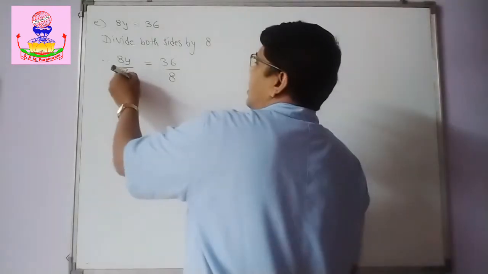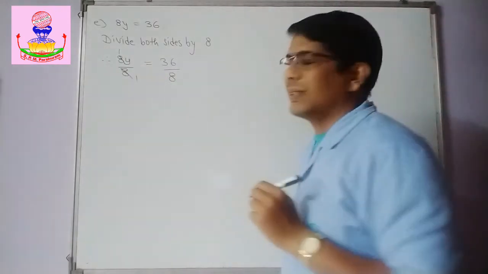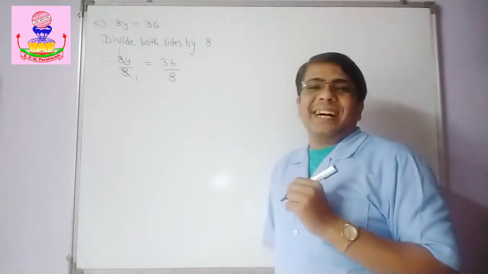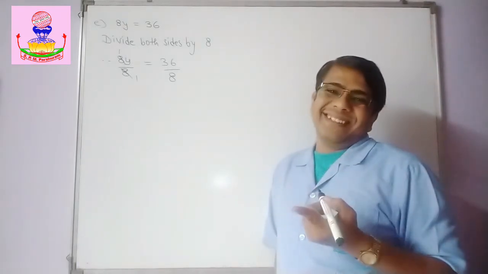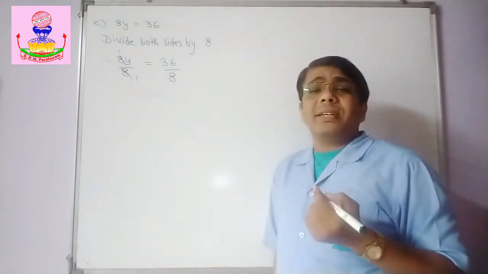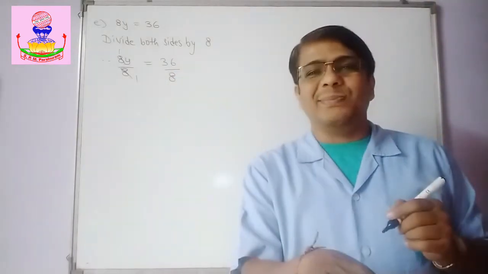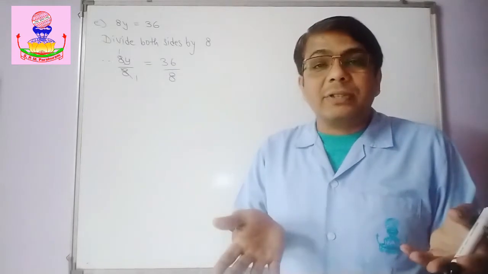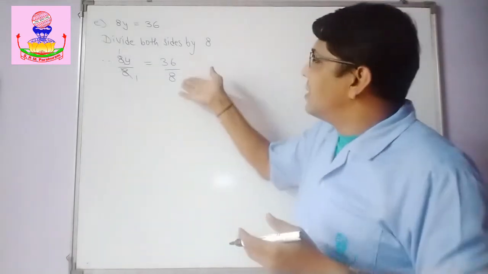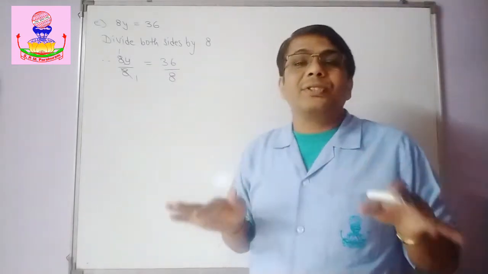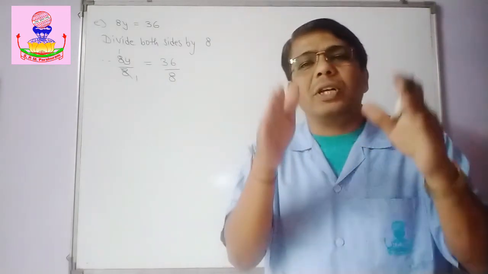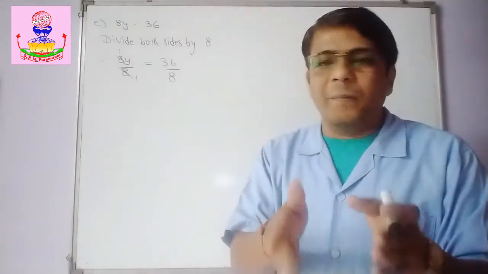Now, here 8 ones are 8, but 36 does not come in the table of 8. So, find out the number by which both of them are divisible. Okay. So, you may come across such examples where complete division is not possible. So, reduce it to the lowest possible form. Okay.